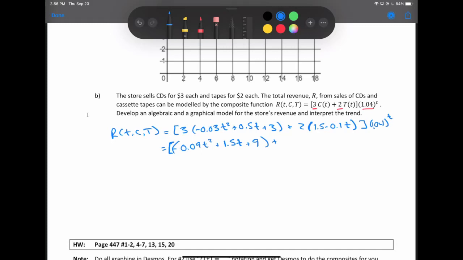Plus 3 minus 0.2t, times 1.04 to the t. And then we can collect some like terms here. Negative 0.09t squared, 1.5t minus 0.2t is going to be plus 1.3t, and 9 plus 3 is 12.